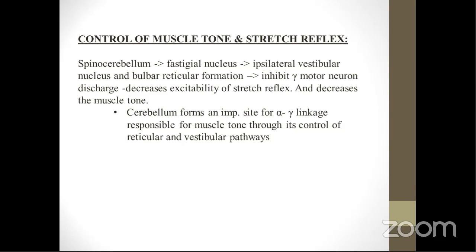If you remember your spinal cord lectures, if the gamma motor neuron discharge is decreased, this decreases the excitability of the stretch reflex. And as the excitability of the stretch reflex decreases, it decreases the muscle tone. So this is how it controls the muscle tone and has control over the stretch reflex.